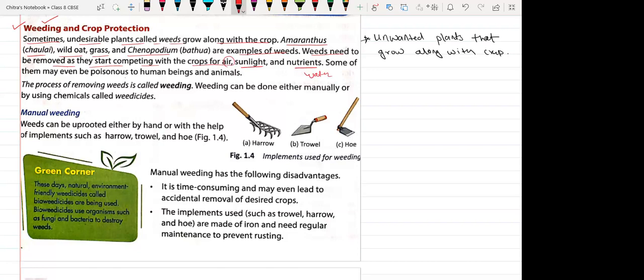Some of them may even be poisonous to human beings and other animals also. That's why they have to be removed from the crop field.